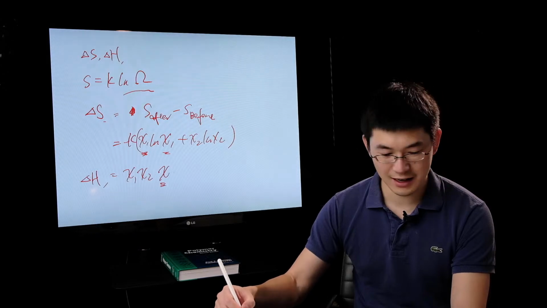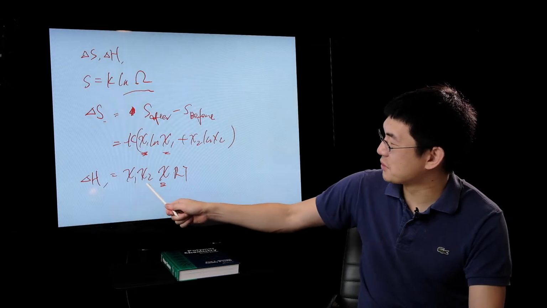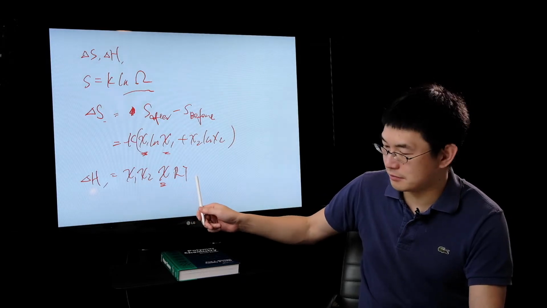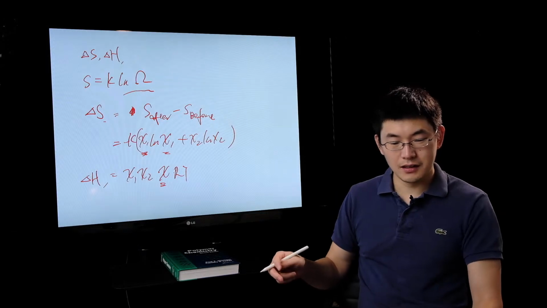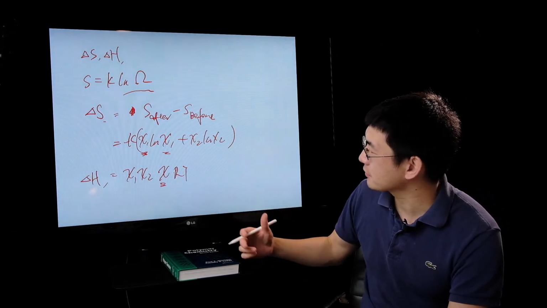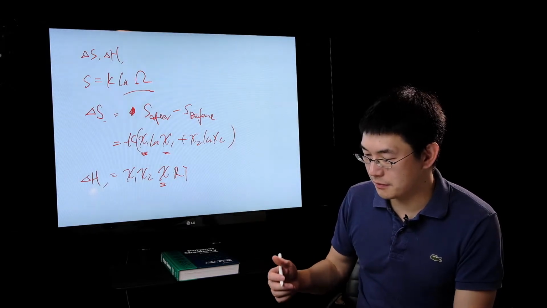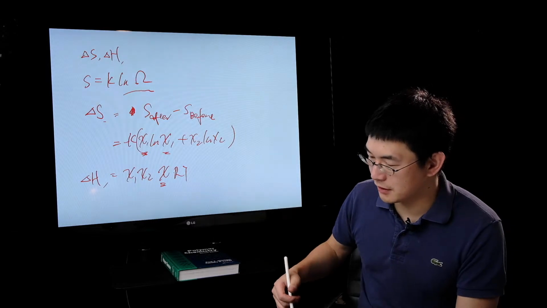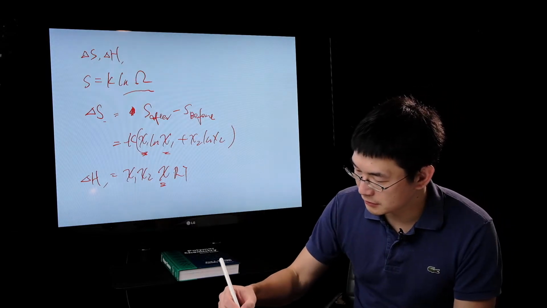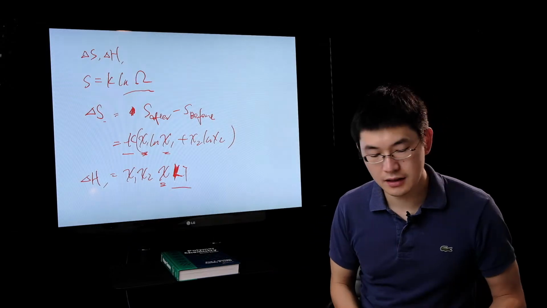This would be x1 x2, the volume fractions of the two species, times chi, multiplied by RT, the gas constant. Let's use kT here so that it matches what we talked about in delta S.